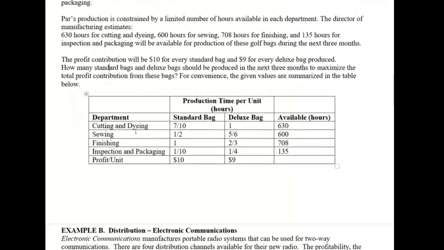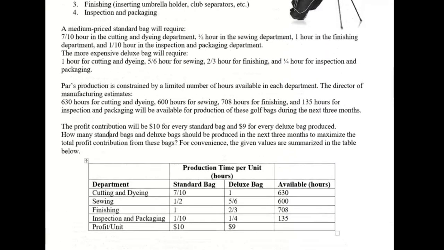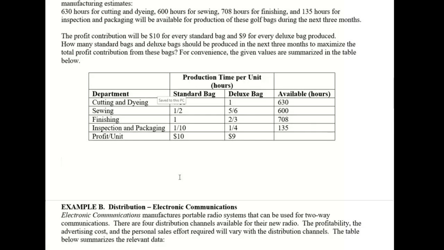So now we're going to put these together to come up with a linear program model. So we're going to write down all the math, all the formulas that correspond to this. We are making two things. Decide how many standard and deluxe to produce.